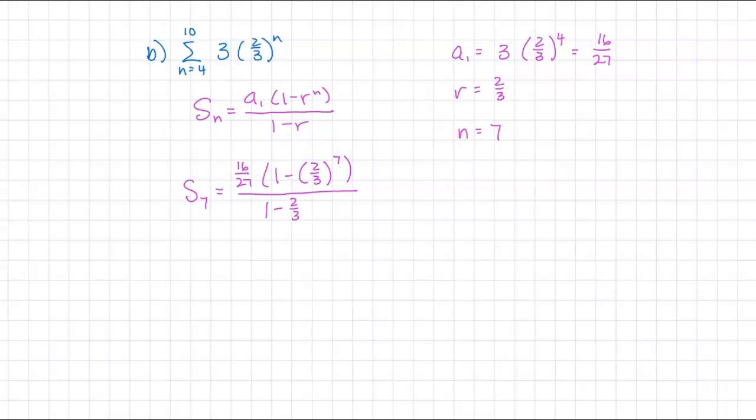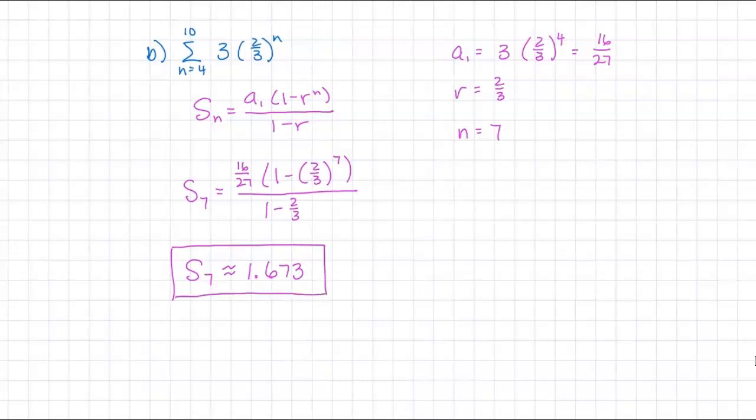Be careful about parentheses. Make sure you put each one of those fractions in parentheses. Very important, this one right here. So the 7 goes on the 2 and the 3. But my calculator is giving me 1.673 and some change. And it wasn't able to change it to a fraction, so I'm just going to leave my answer like that. There you go.